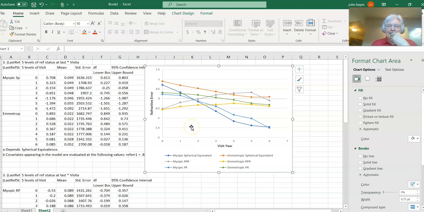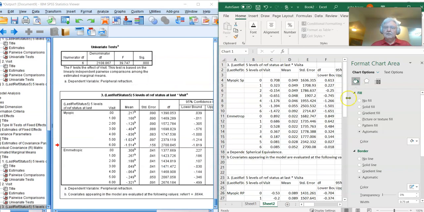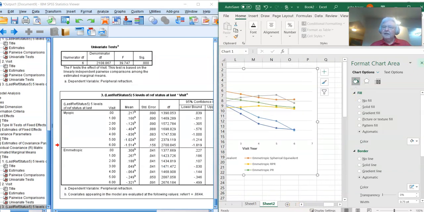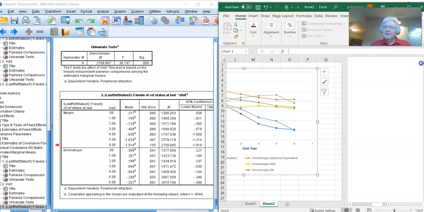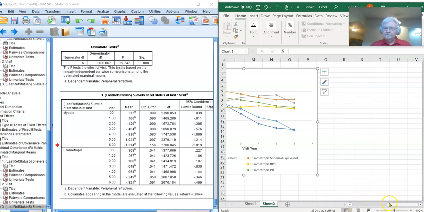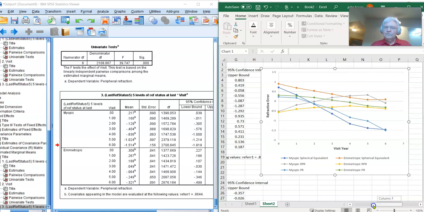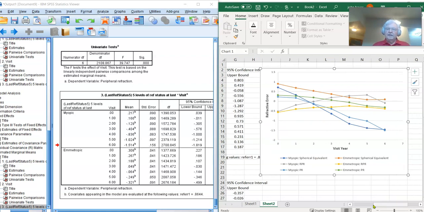Well, we can look back at our output, and let's see if we can get our graph in there. Let's X out of this. And so we can look and see what's significant here.